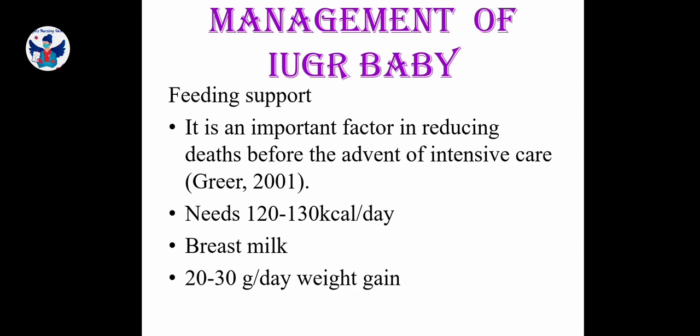Next, feeding support. So if the baby is not having sucking reflex, we can provide expressed breast milk, and the baby needs 120 to 130 kilocalories per day, and breast milk should be initiated as early as possible, and 20 to 30 gram per day weight gain should be there. So we have to concentrate on that.